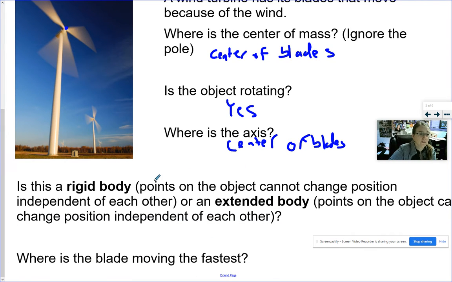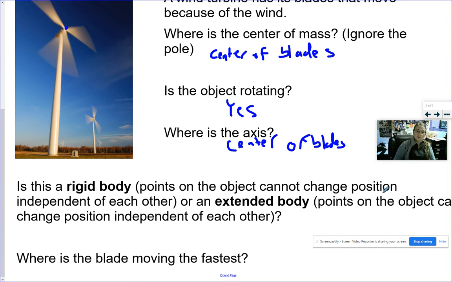Now, is this considered a rigid body where the points cannot change position independent of each other? Again, my arm can change position independent of the rest of my body. So I am not a rigid body. Or is this an extended body where the points in the object can change position? That's what that says. So I am an extended body.